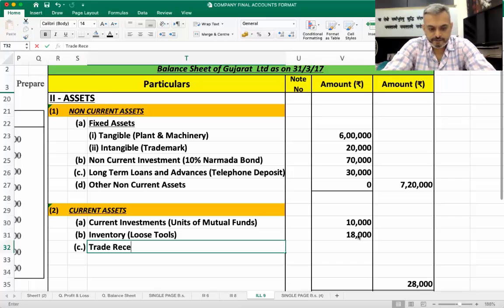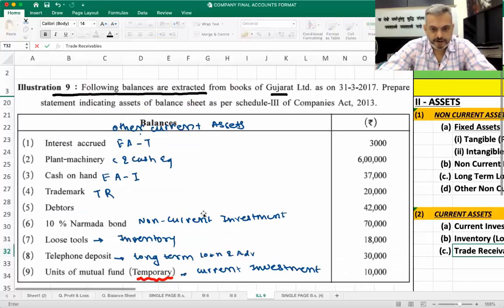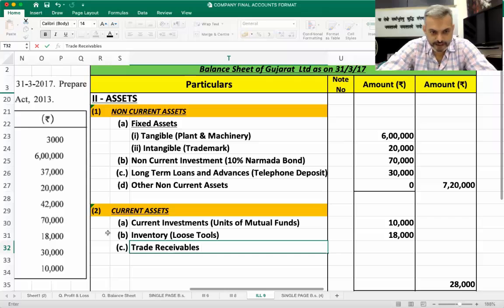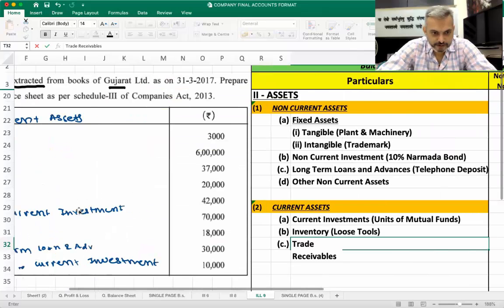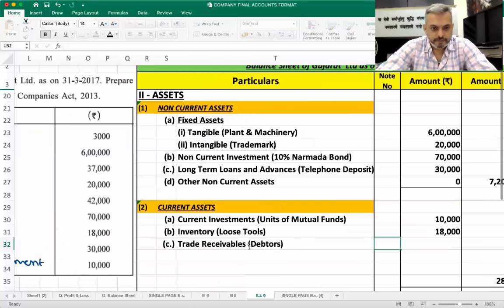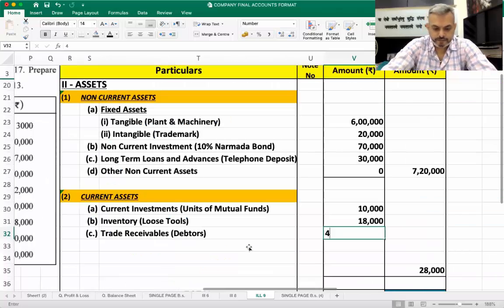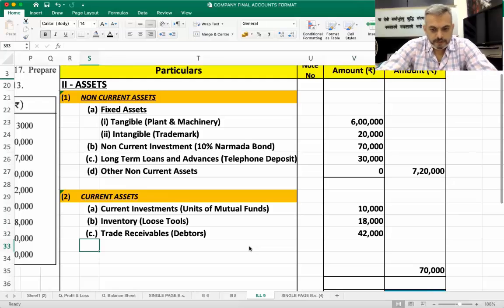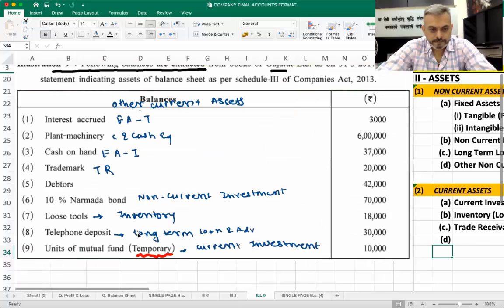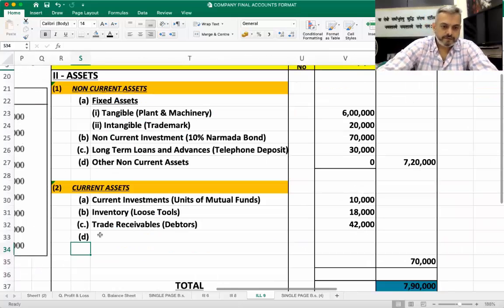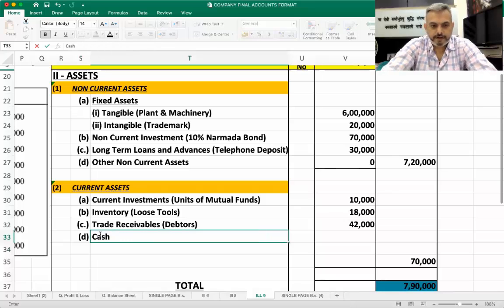Trade receivables. What do we have in trade receivable? Trademark. Sorry, trade receivable we have debtors. Debtors are 42,000. Then cash and cash equivalent.